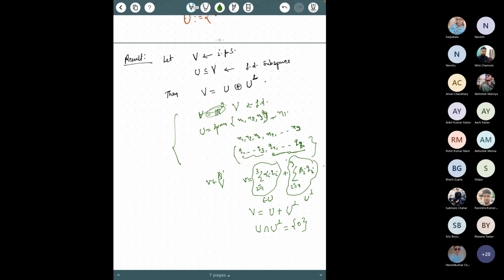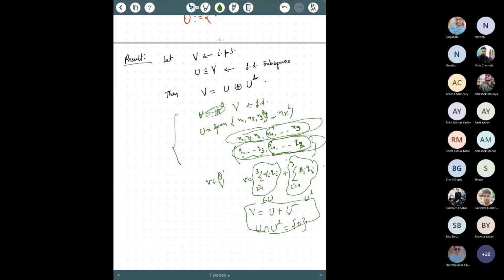Then we apply the Gram-Schmidt process. Whatever extra vectors we have added, the corresponding vectors will form a basis for the orthogonal complement. That can be used to write V as a direct sum of U and U perp. So are you getting what I'm saying? It's easy to verify for the finite dimensional case.